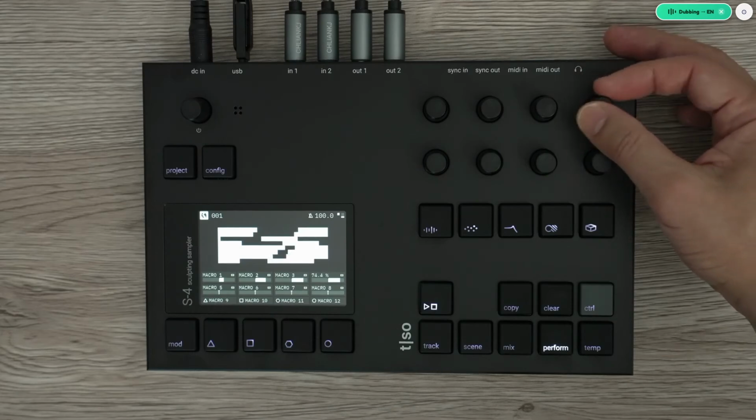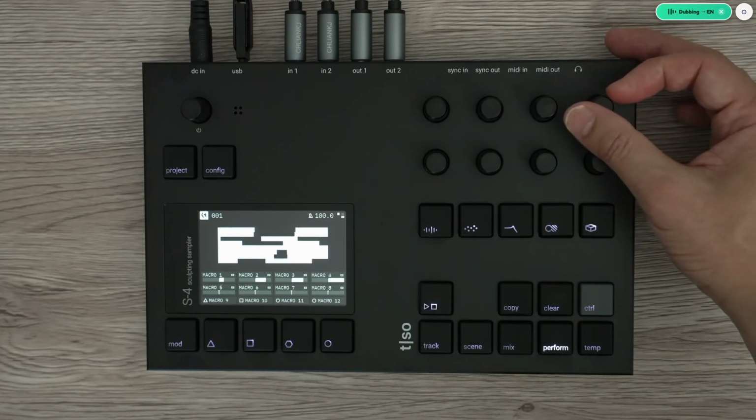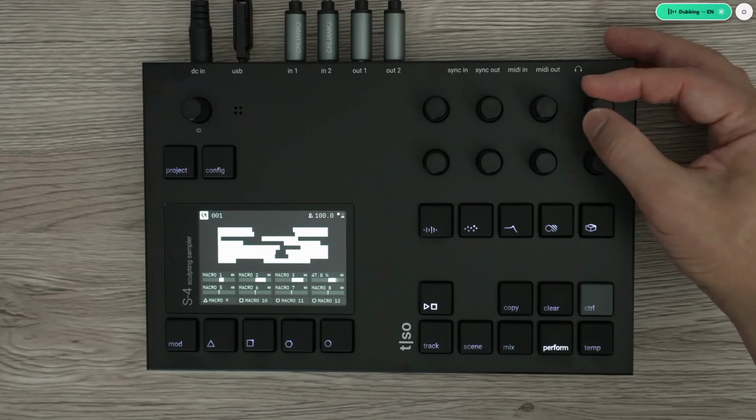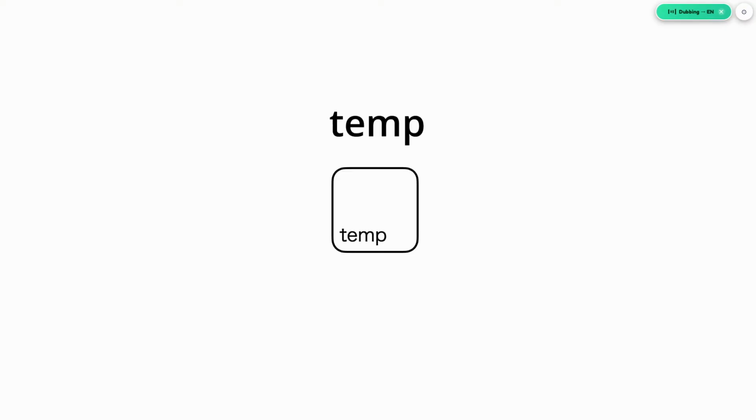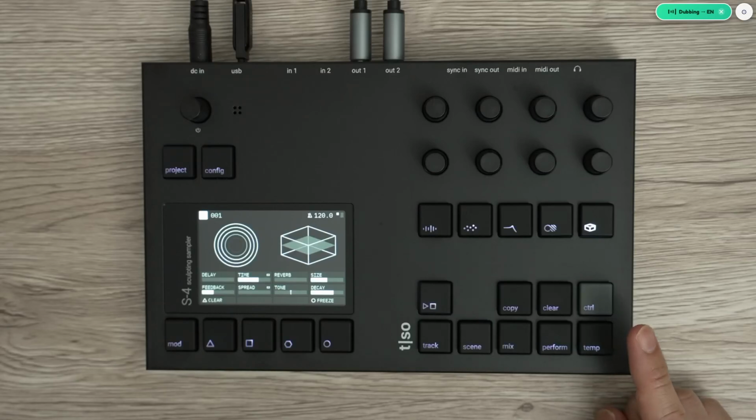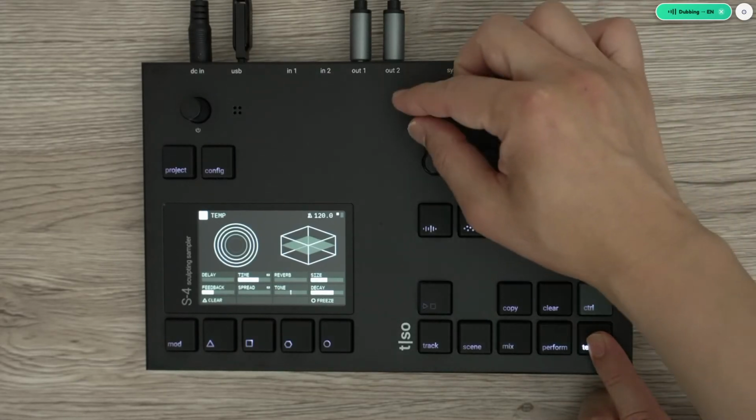As mentioned, you can assign up to 8 parameters and control them with one interface. Temp lets you instantly undo a parameter change. To activate temp, hold the button, change the parameter, then release.